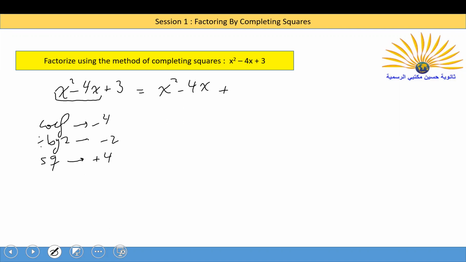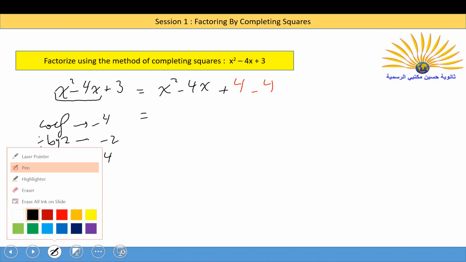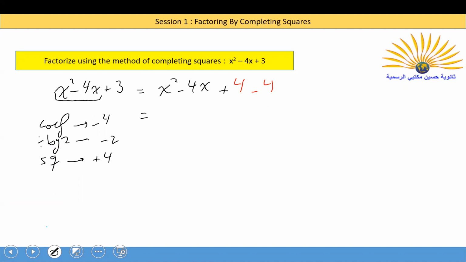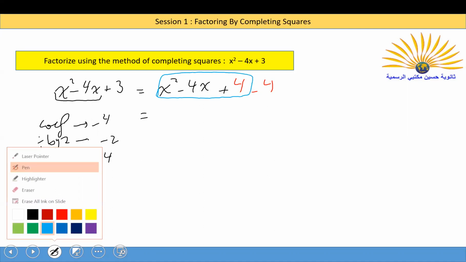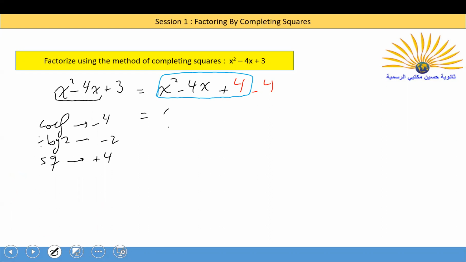So I need to add 4. So here I'll add 4. But as I have said before, when I add 4, I have to subtract 4 also in order to balance my work. Now we continue. x squared minus 4x plus 4: if we take only the first three monomials, we get a perfect square.